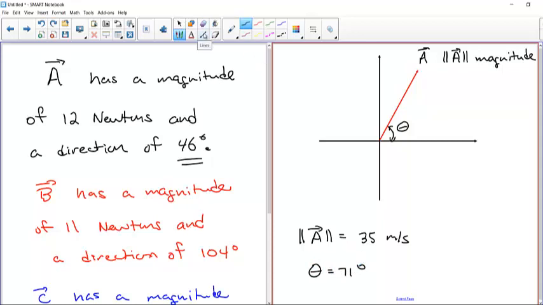Okay, now in terms of components, what we would do is we would take this vector and treat the vector as the hypotenuse of a right triangle. And one side of the right triangle goes in the x direction, and one side goes in the y direction. So we would call this part of the right triangle A sub x.